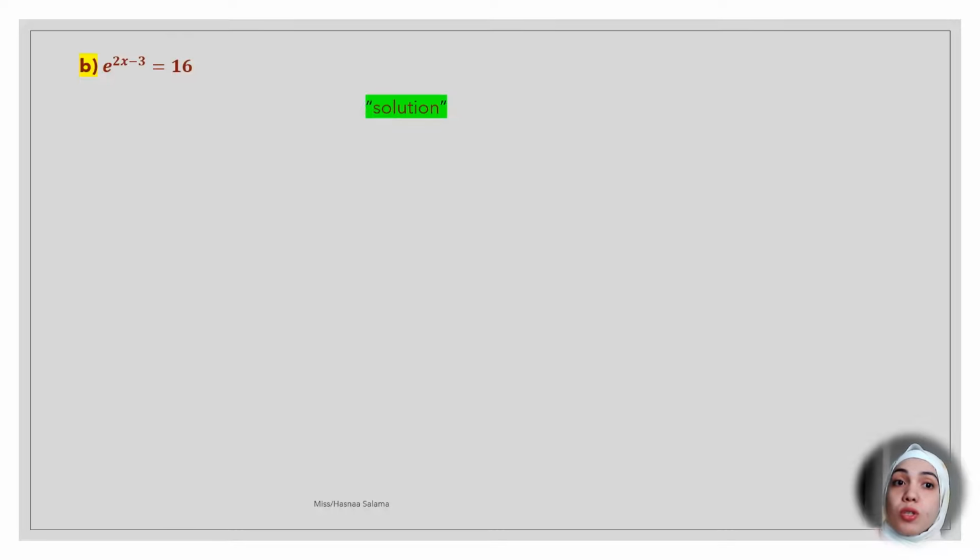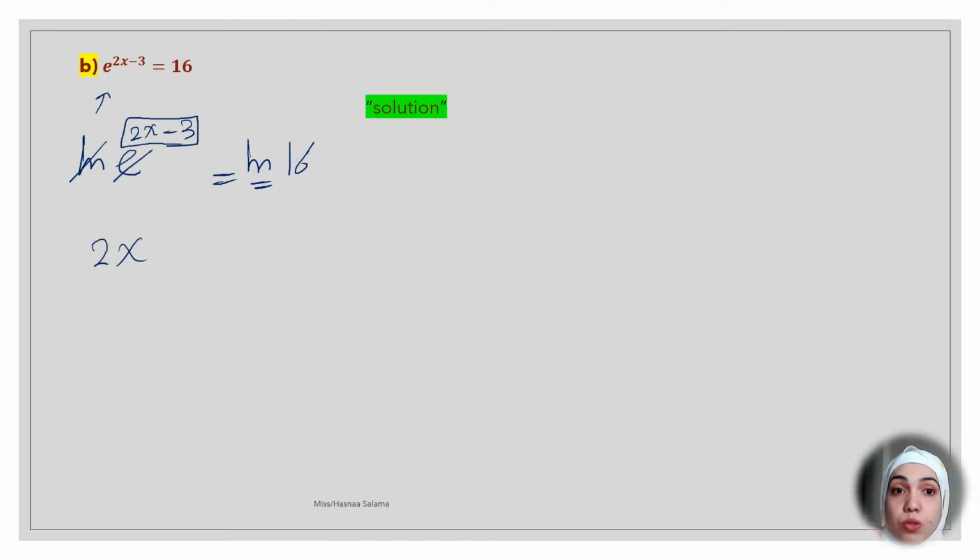In this one, I don't have a ln, I have only e, so we will take a natural logarithm for both sides. So I will write ln e power 2x negative 3 equal ln 16. Don't forget the ln for both sides, not only one side. The ln and e cancel together, I have only the power of e, so I write 2x negative 3 equal ln 16.